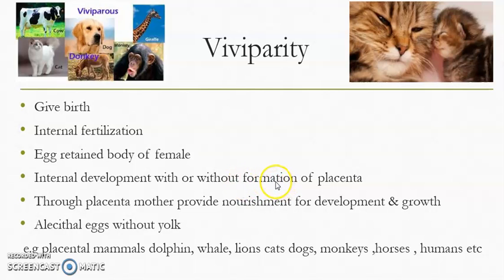Either a placenta develops between the baby and the mother, or there is no placenta. The whole development takes place because of the yolk present within the egg. Such eggs are alecithal eggs, that is without yolk, or with yolk.